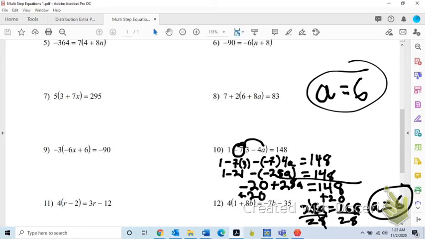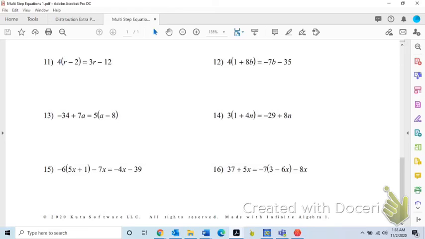There we go. The first one was messy even by my standards. So anyway, moving on. Number 11.